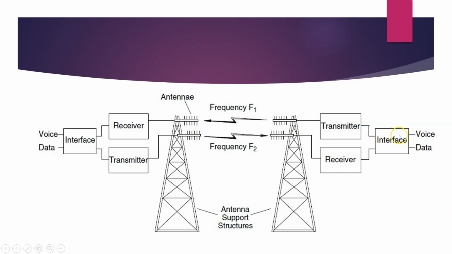That is, the carrier wave will be filtered out, and then the original message, that is the voice, will be recovered. These are the antenna support structures upon which the antenna is placed.